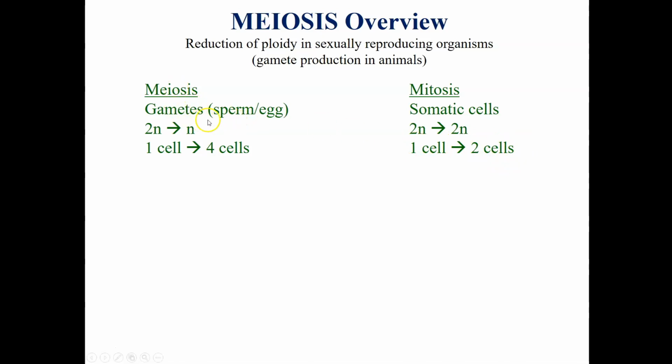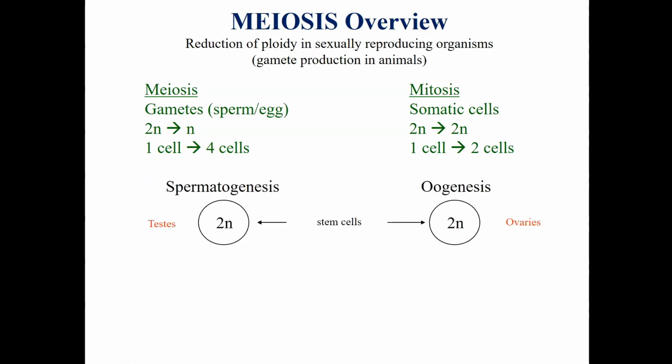On the other hand, when we're talking about egg and sperm, a single cell that enters into the cell cycle starts out as 2N, but by the time it exits the cell cycle, we will actually have generated 4 cells, but they will each only have one complete set of the chromosomes.